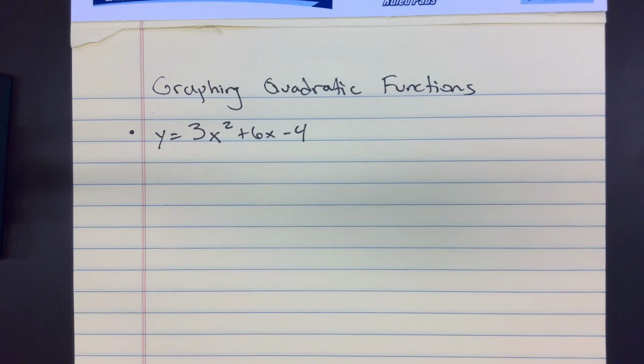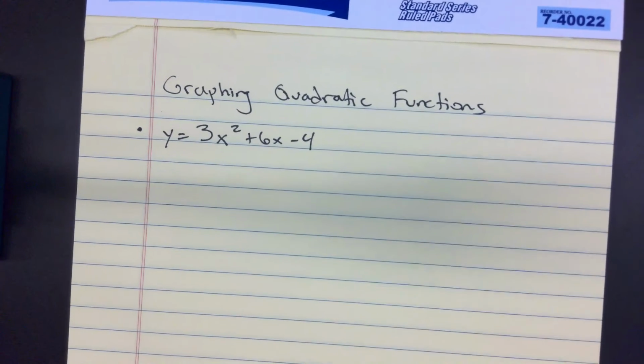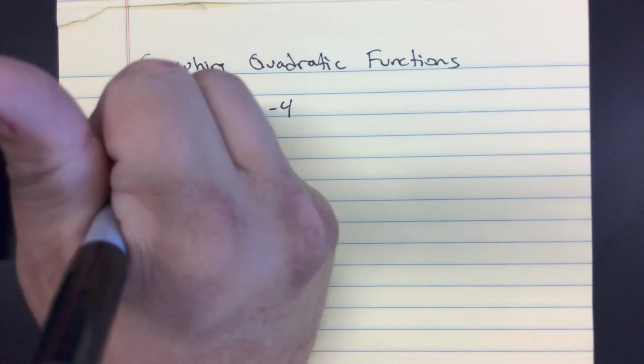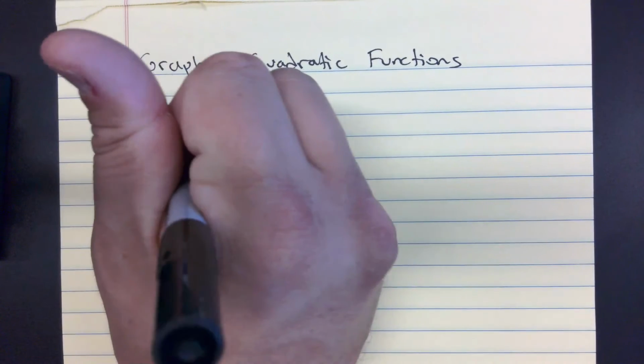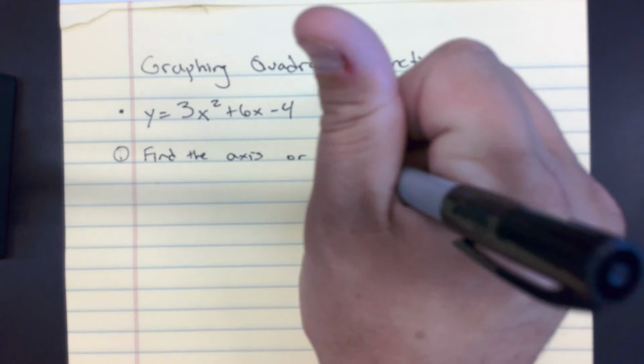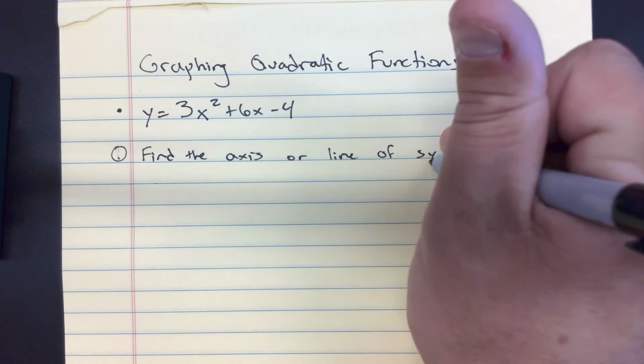All right. So I'm going to give you the tools to be able to graph these. Everyone ready? Tomorrow we will graph them, but today all we're going to learn is the parts it takes to graph them. So step number one, we're going to find the axis or line of symmetry.